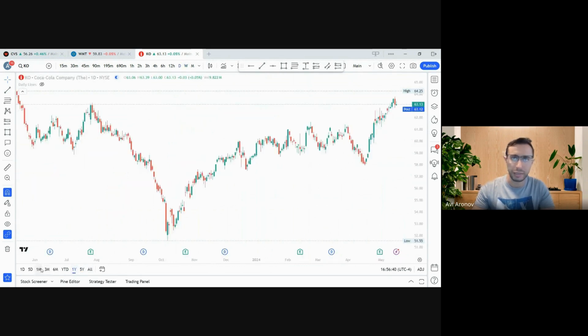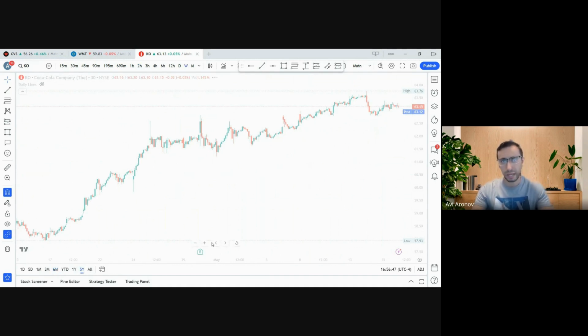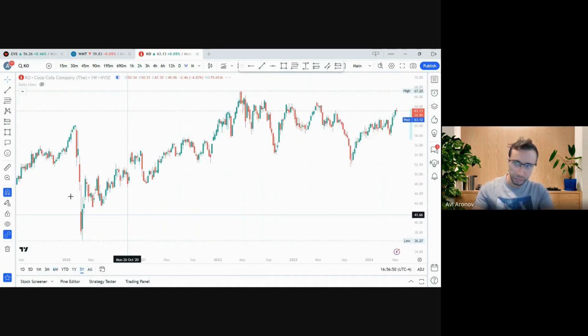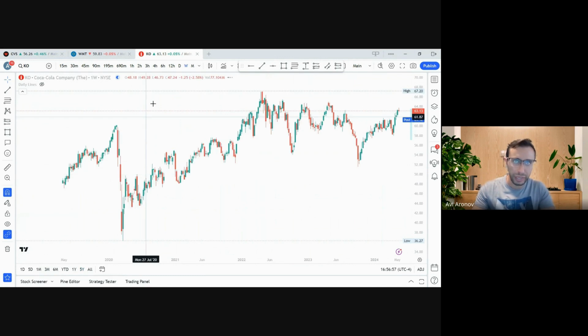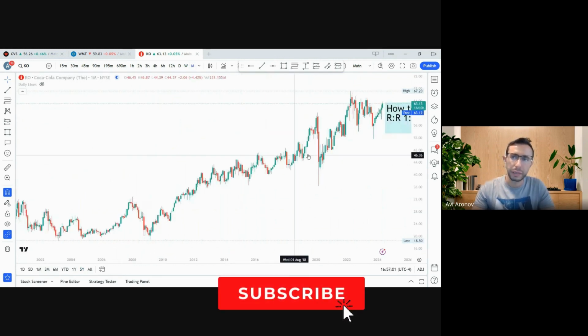When you click, let's say, monthly, it will go 30 minutes and so on, 1 hour, 2 hours, and so on. I like to click 5 years when I'm looking for trend lines of some sort. So it's weekly, or I like to go monthly to have an even bigger time frame.